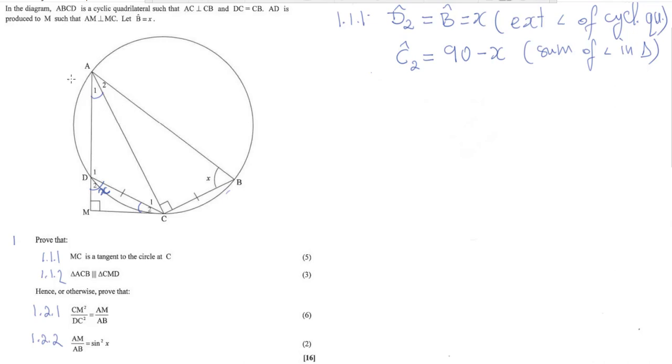Now let's come to this side, okay? Look at the triangle. If we look at the triangle ACB, if this angle B is equal to X, what will be A2?